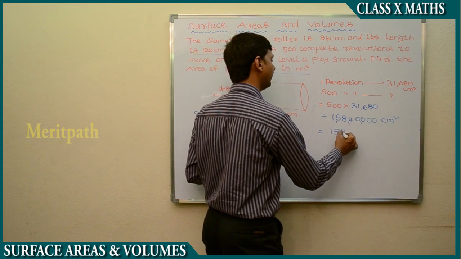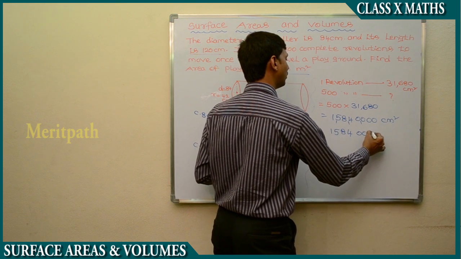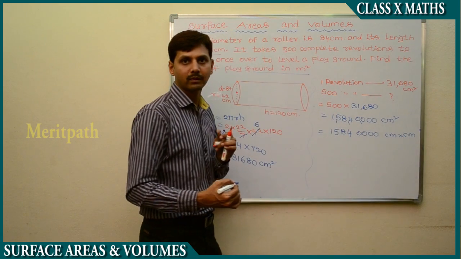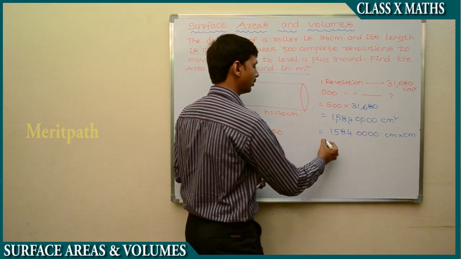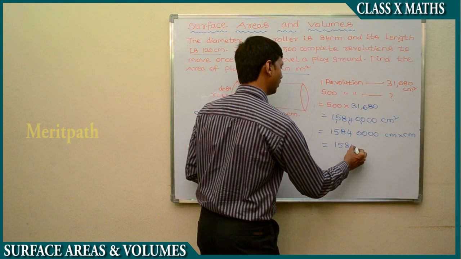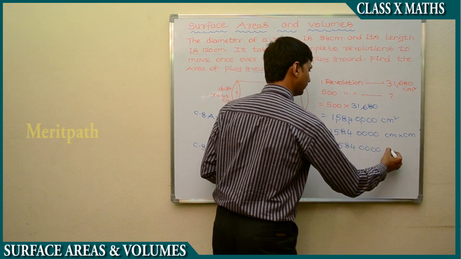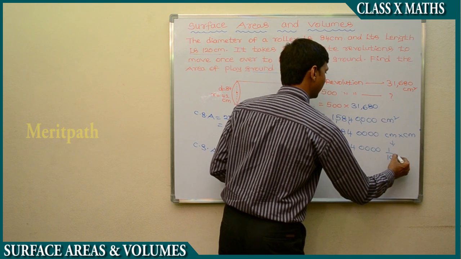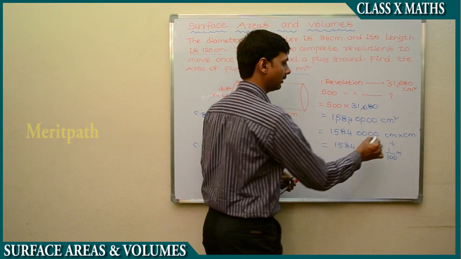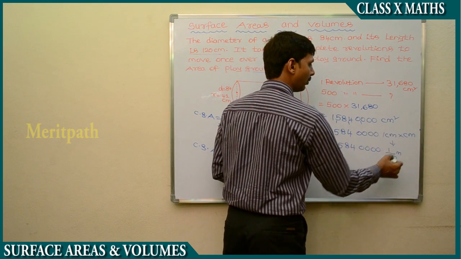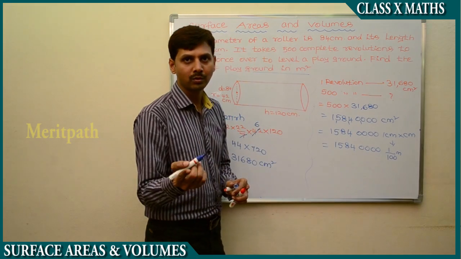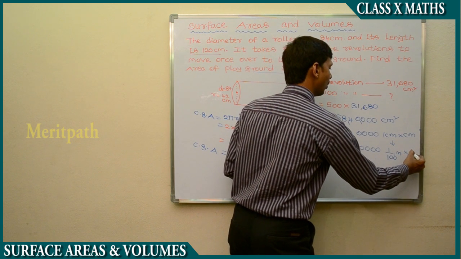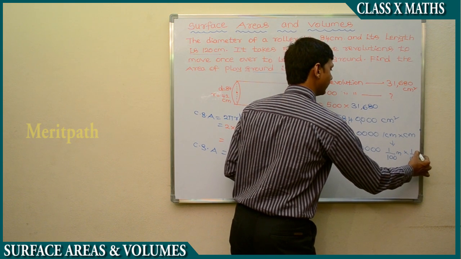The centimeters we need to change into meters. 1 centimeter is 1 by 100 meters, so 1 meter is equal to 100 centimeters. That's the reason we divide by 100. This is also 1 by 100, so we get meters.